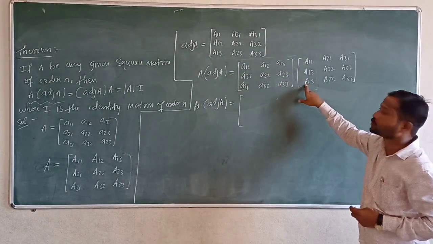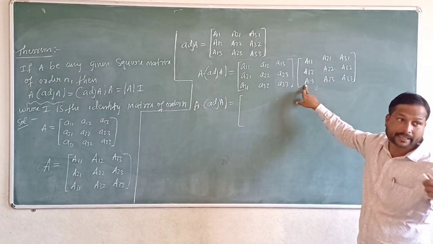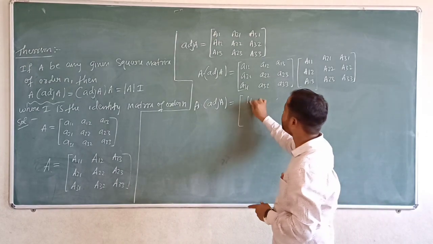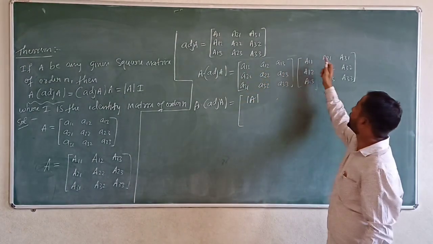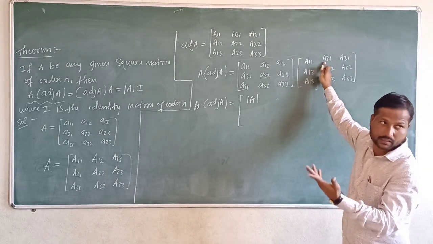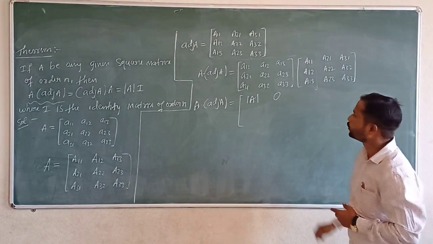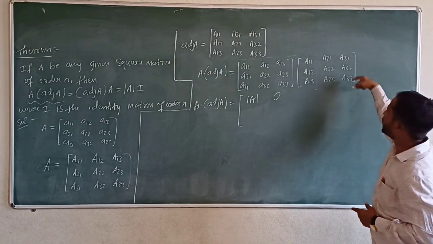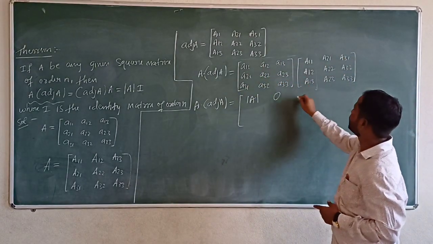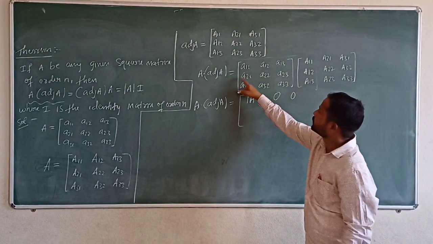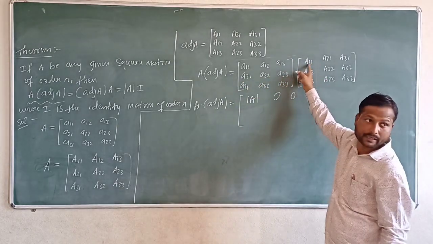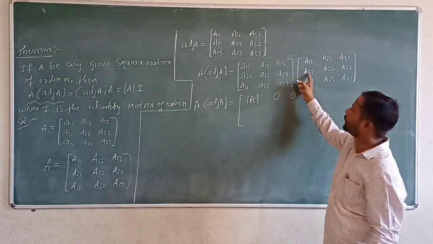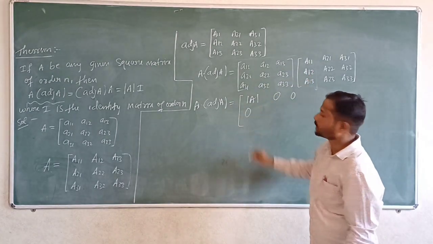The A13 element times its cofactor gives the determinant. Next, the elements and cofactors are different, so this is 0. Similarly first row, third column is also 0. Take second row, first column: A21 with cofactor A11, A22 with cofactor 12, so different, this is 0 again.